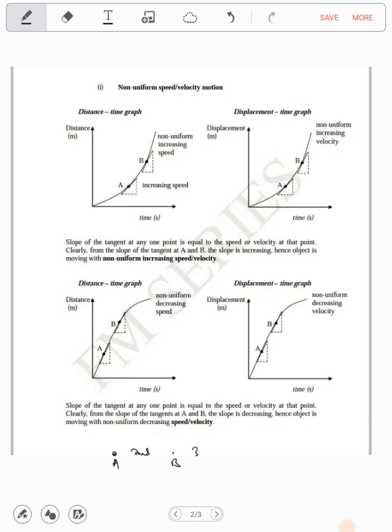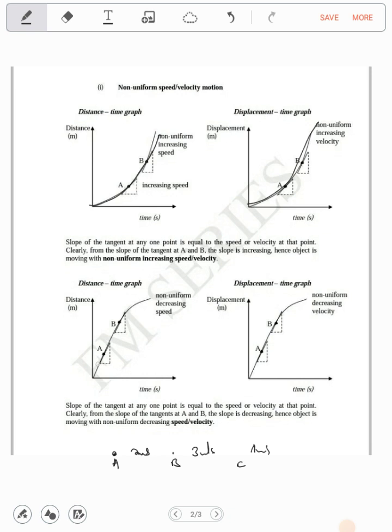Point B, it increases to 3 meters per second. Point C, it goes to 1 meter per second. So the speed is not changing uniformly. We call it non-uniform motion. Therefore, when you have distance and time, a non-uniform motion is drawn like that, the way it is. Even for displacement, it's the same like that.